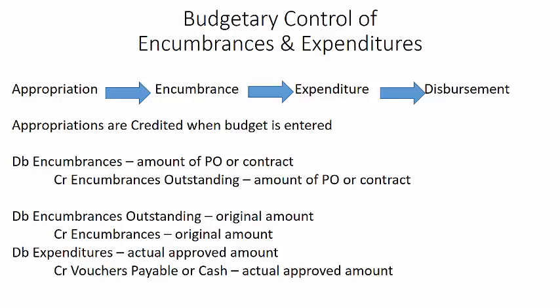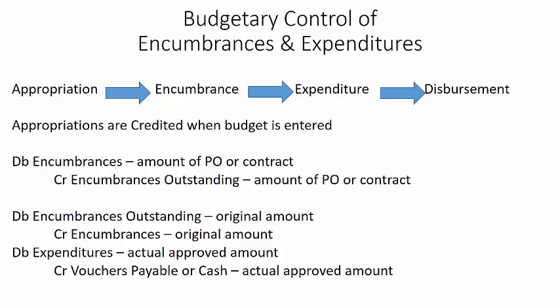It's kind of like pre-expenditure or pre-expense, if you will. So debit encumbrances. It's the only one where the normal balance, for this example debit, is the same as its corresponding operating account, which is expenditures. When we debit encumbrances, we are going to credit encumbrances outstanding.